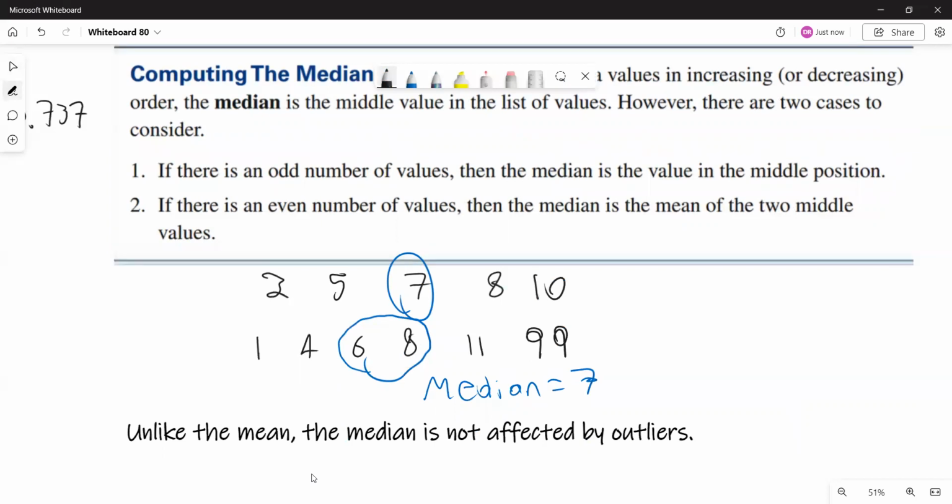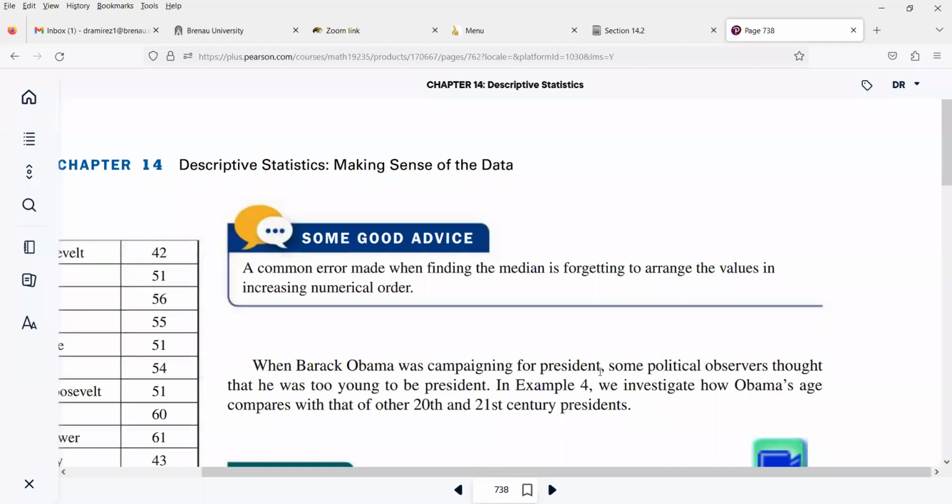Okay, so I'm going over example 4. Here's a list. Well, actually, you have a table. The situation says that when Barack Obama was campaigning for president, some political observers thought that he was too young to be president.